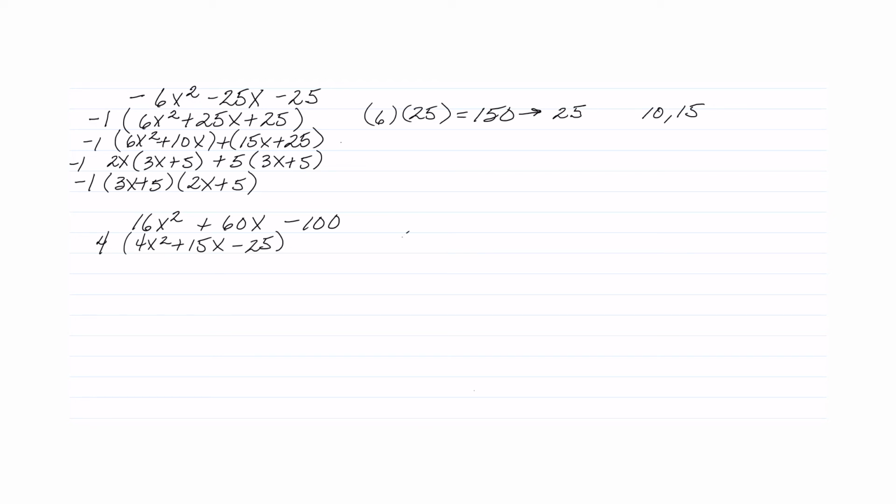So we're going to have the factors of 4 times negative 25, which is negative 100. So the factors of negative 100 that add up to be positive 15. So how about positive 20 and negative 5? So bringing down our 4.